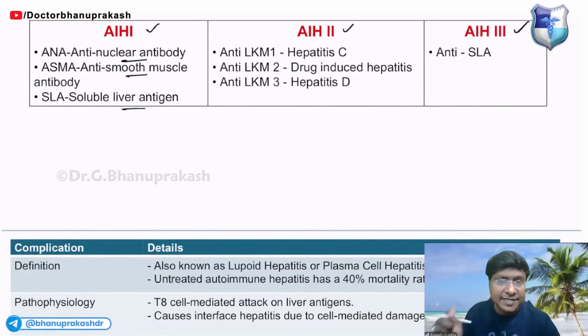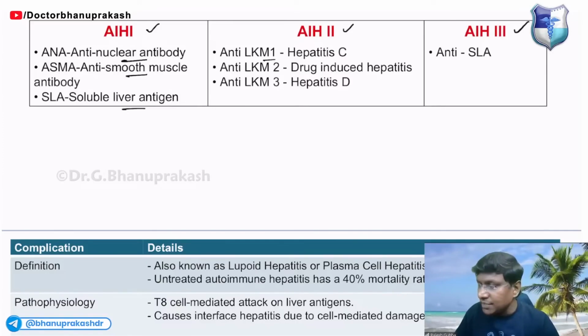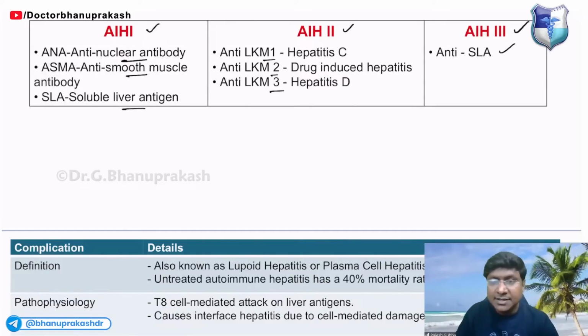In autoimmune hepatitis type 2, the antibodies are mainly anti-LKM1, 2, and 3: 1 in hepatitis C, 2 in drug-induced hepatitis, 3 in hepatitis D. And in autoimmune hepatitis type 3, the antibody is anti-soluble liver antigen.